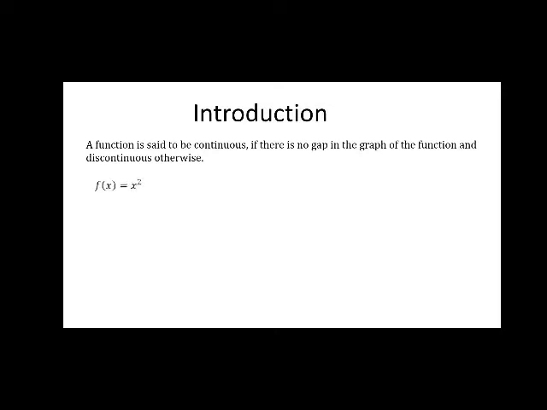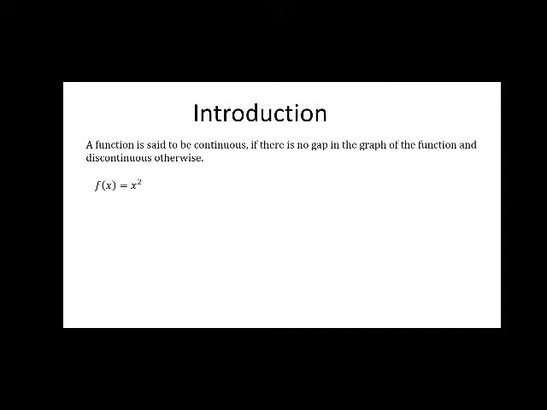So let us take the first example. Let us take f(x) equals x square. So now we know that for no value of x is there any discontinuity. Discontinuity means a gap in the function.